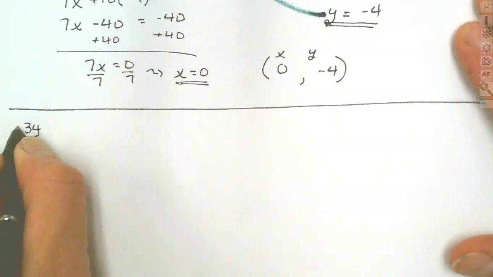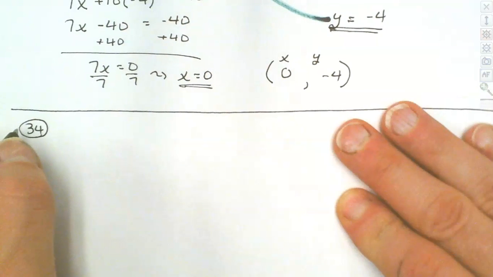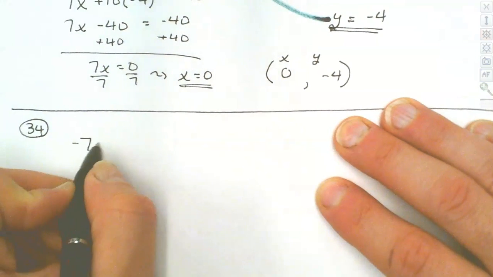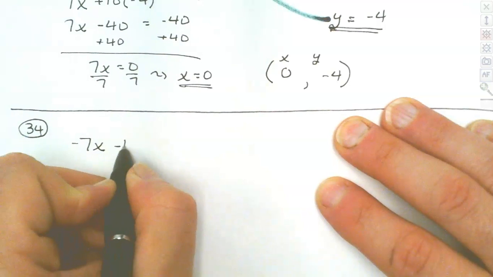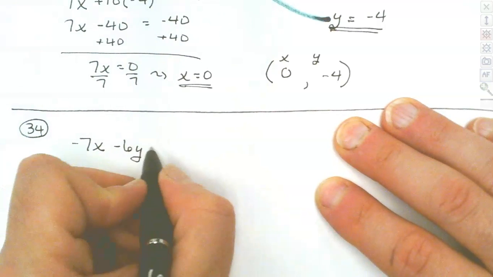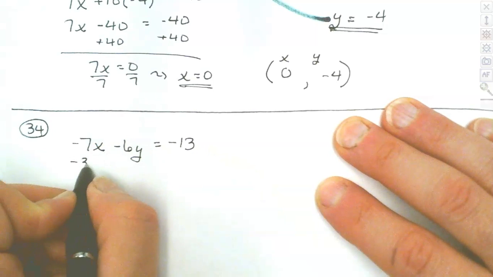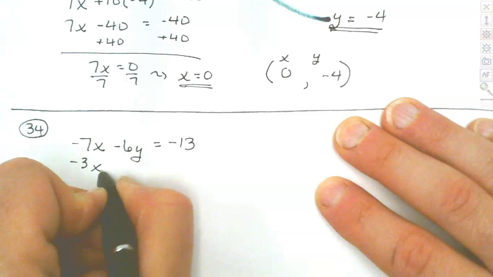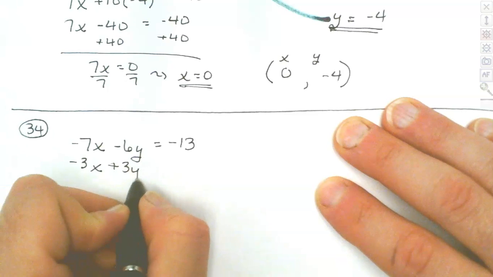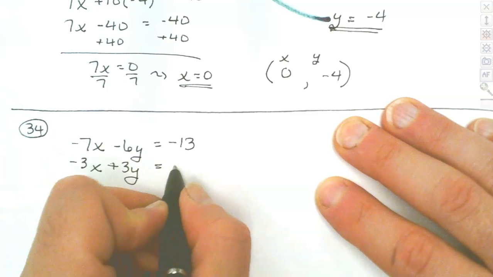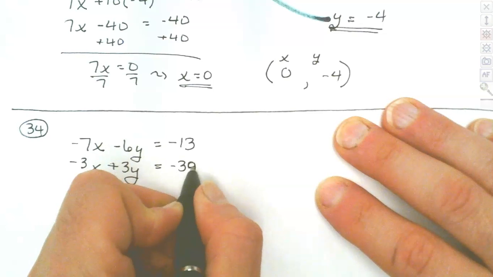Question 34. We have a minus 7x minus 6y equals a minus 13. And we've got a minus 3x, a plus 3y equals a negative 39.